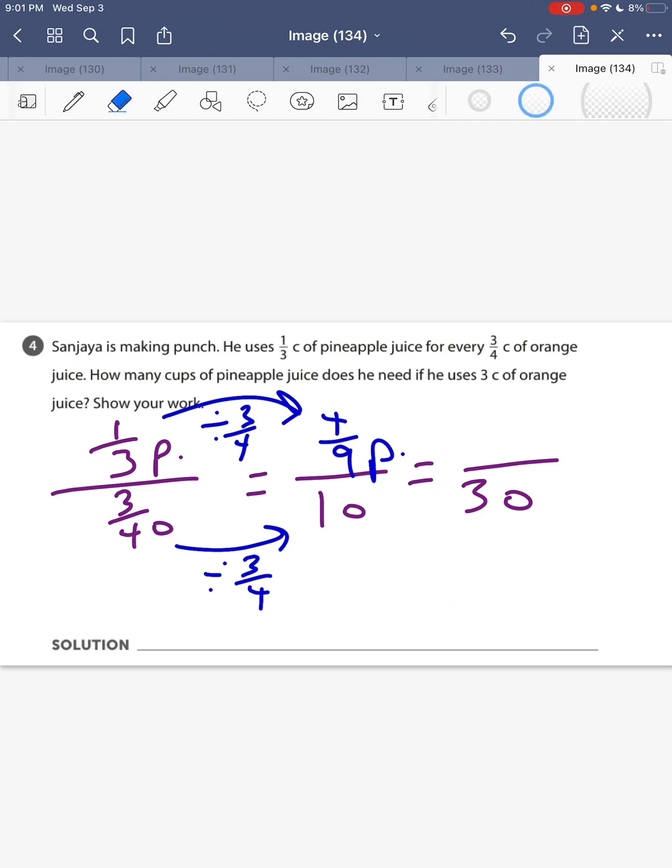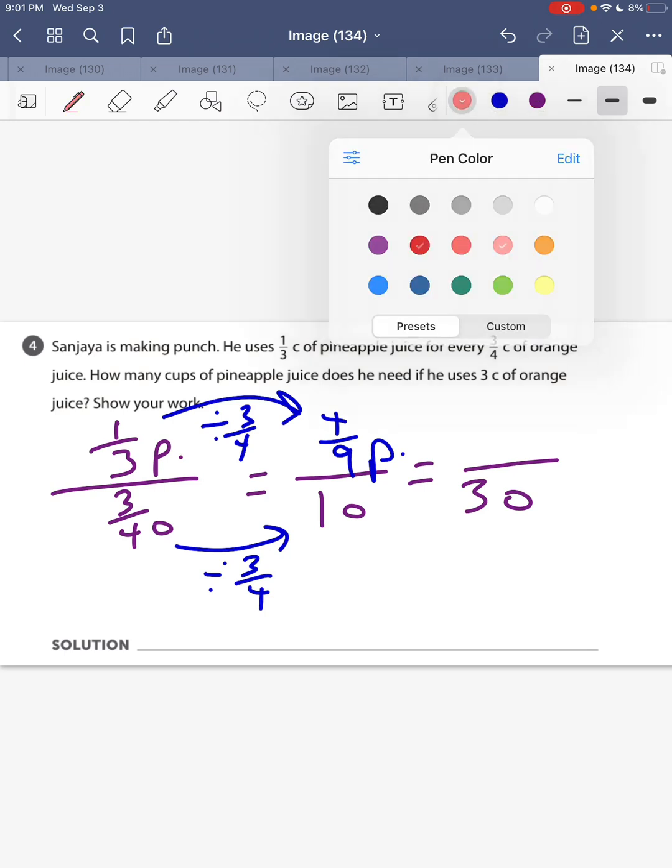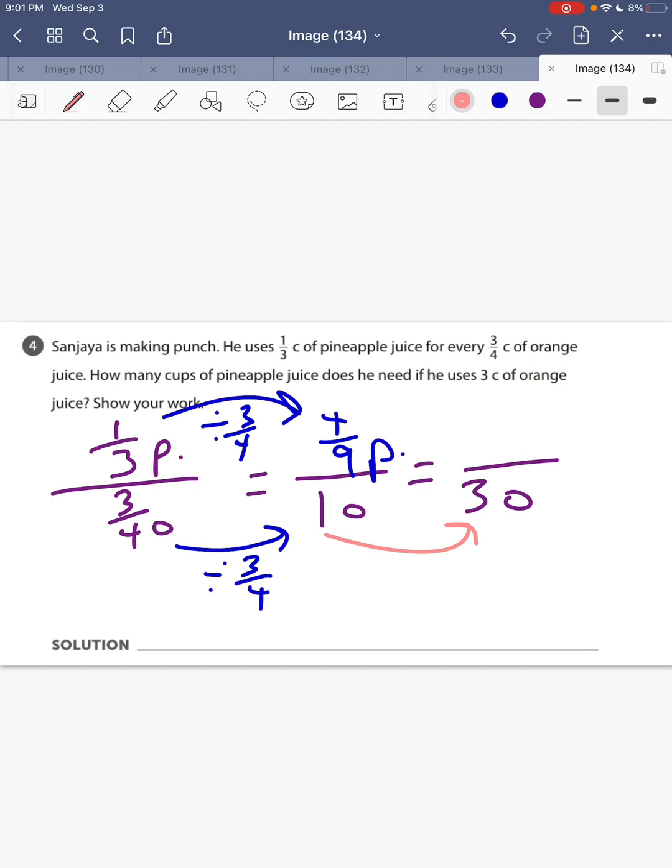Now, let's use that same concept, and we're going to try to get from 1 to 3. We're going to multiply by 3. What you want to do to one part, you need to do to the other. Okay, so 4/9 times 3 over 1, because 3 can go over 1, is 12 over 9.